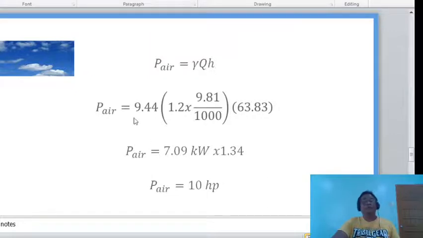Substituting values, 9.44 times 1.2, changing this 1.2 kilogram per cubic meter to kilonewton per cubic meter, and then multiplying by 63.83. The answer now, class, is 10 horsepower. So that is the total power, 10 horsepower.